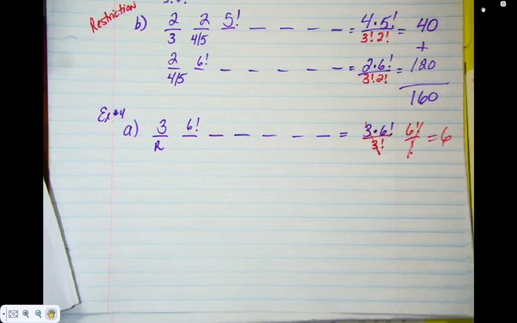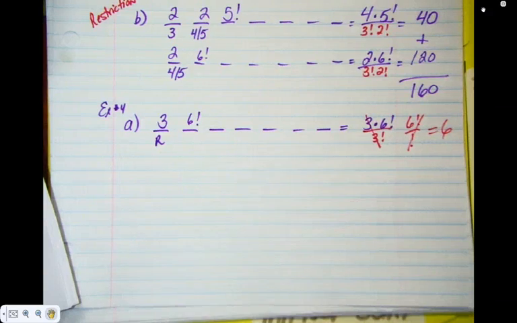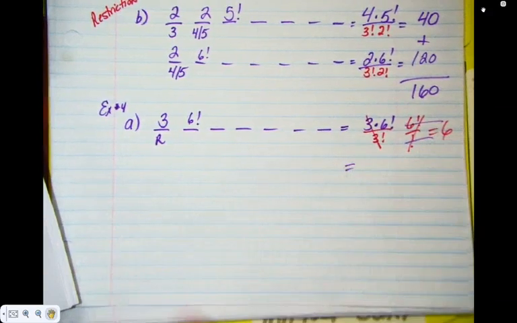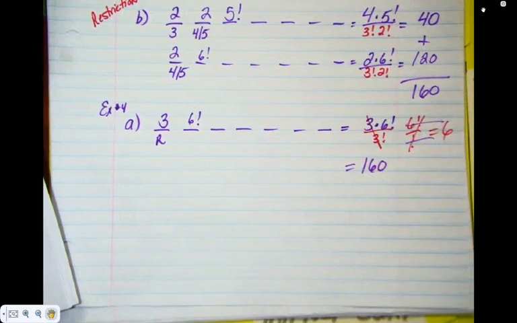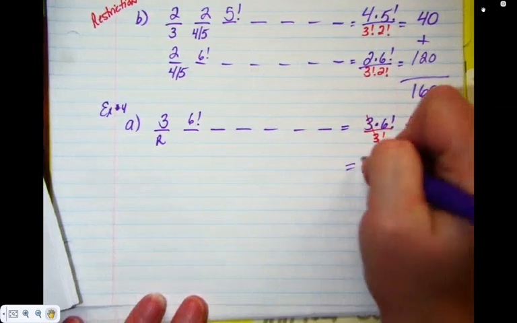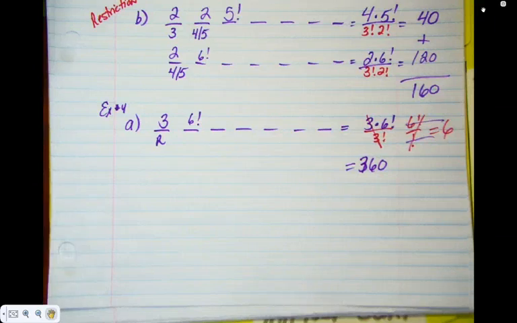Oh, you laugh, but someone is going to do it, because your brain takes over and all you remember is cancel, cancel. Can you cancel a factorial with a whole number? No. Can you have just a factorial hanging out there with no number? No. 316. Oh, 360. That's confirmed. Yes.